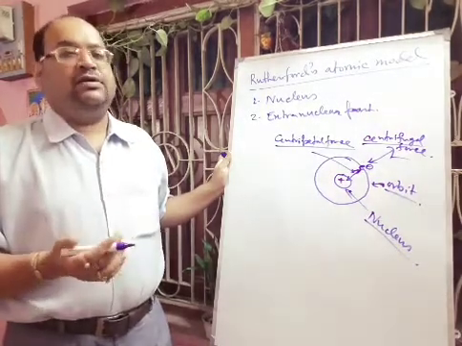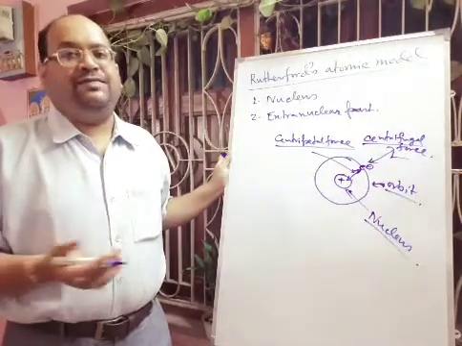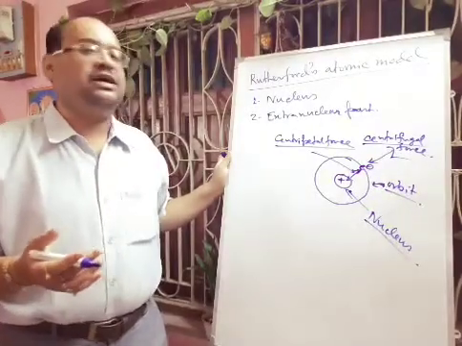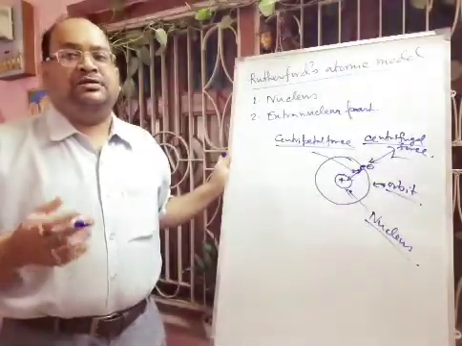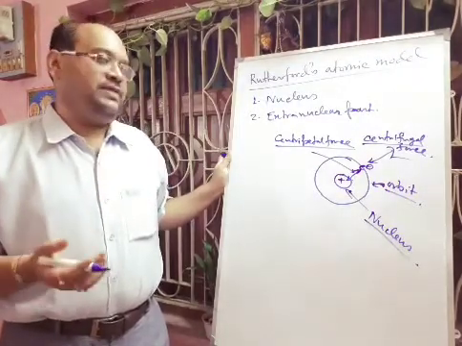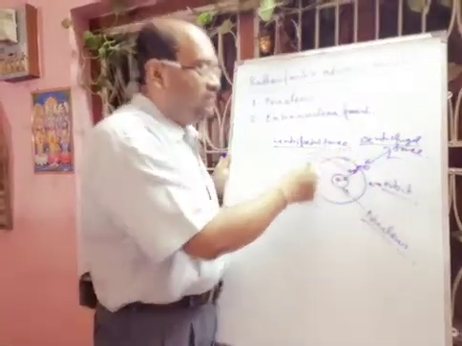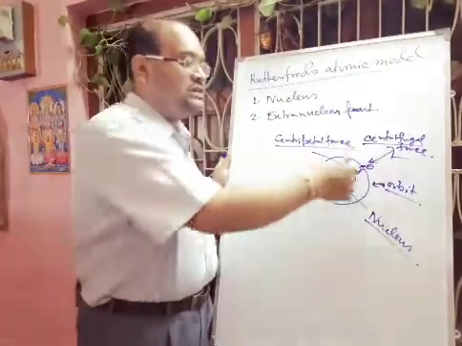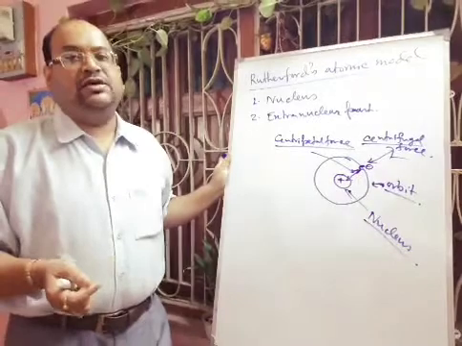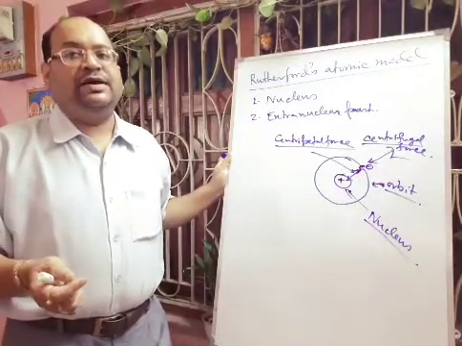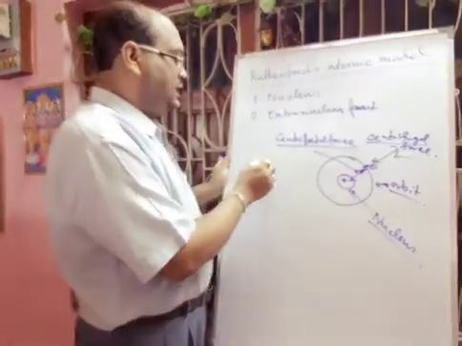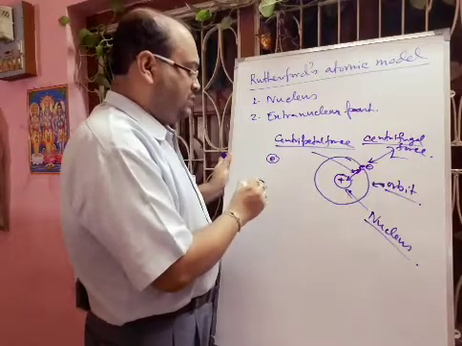But later, according to classical physics, the drawback of this theory came. According to classical physics, if a charged particle is under acceleration, definitely it will radiate some amount of energy. That means when this electron is revolving around the nucleus, as the electron is a charged particle, according to classical physics it will release some amount of energy when it is rotating. So what will happen? Suppose here is the electron and here is the nucleus.